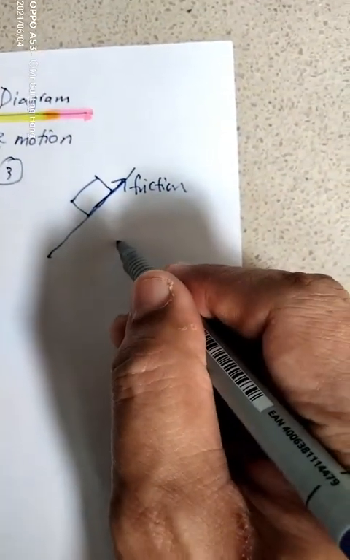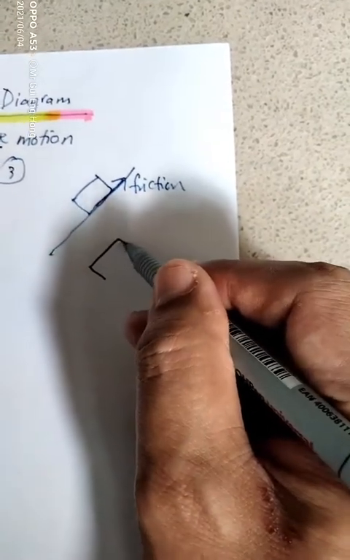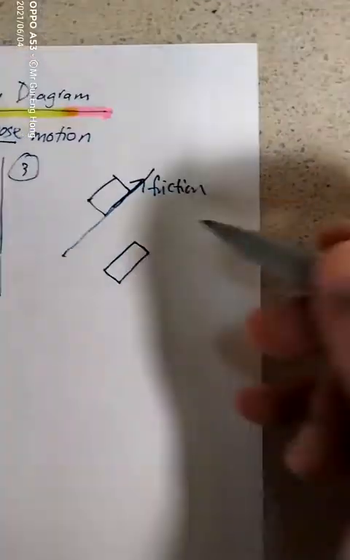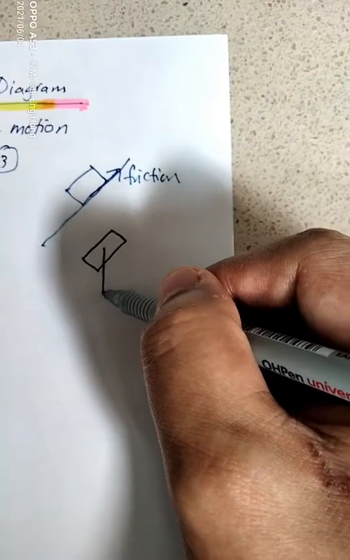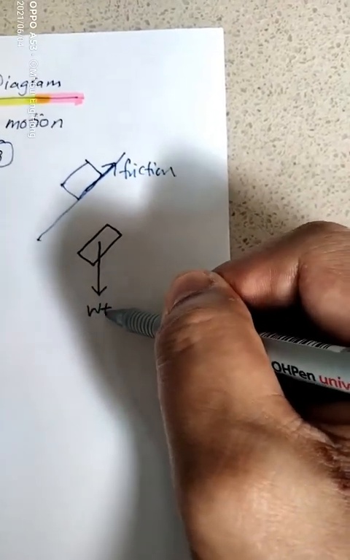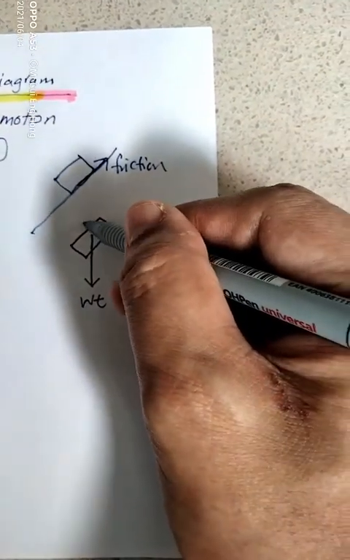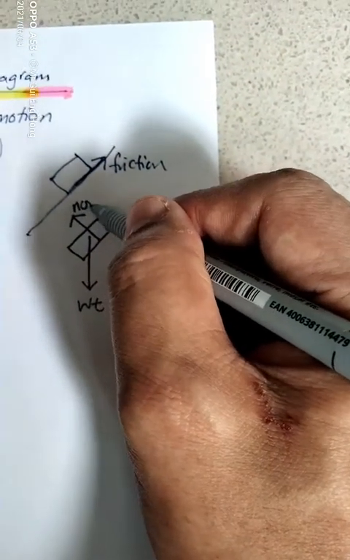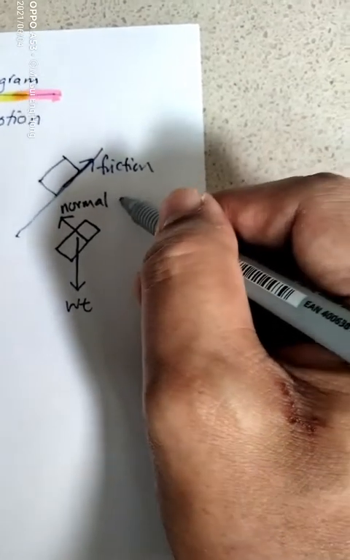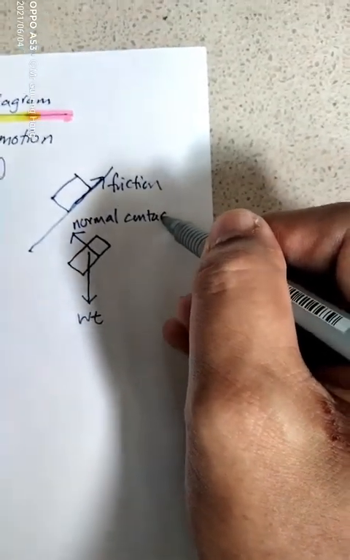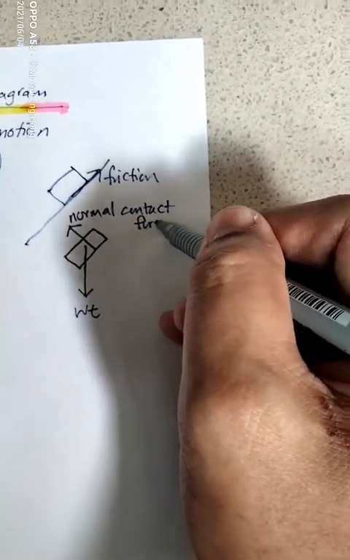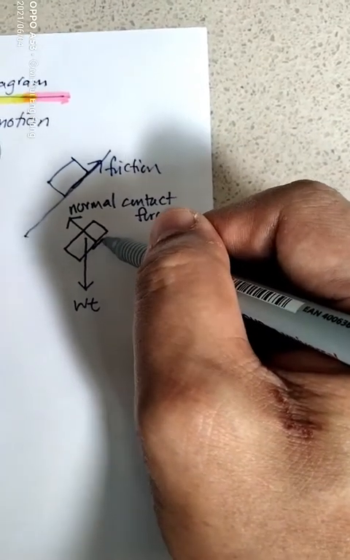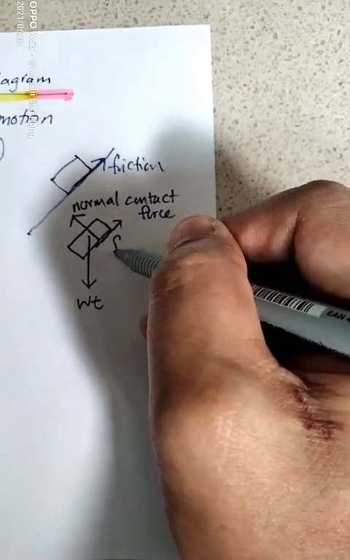If we draw the free body diagram, we have the weight, which is vertical. Then we have the normal contact force that is 90 degrees to the surface. And then we have the frictional force along the surface this way.